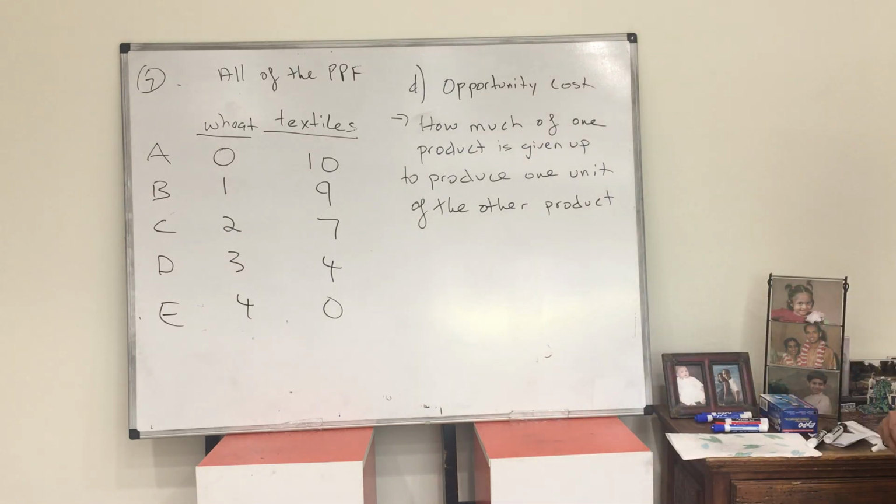So what I'm going to do is go from one point to the other, show you what you gain, make sure the gain is 1 unit, and then show what you lose.